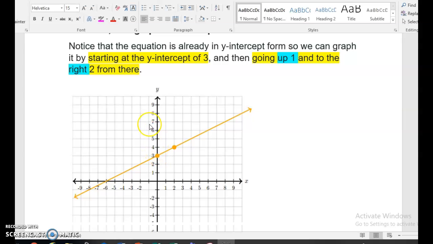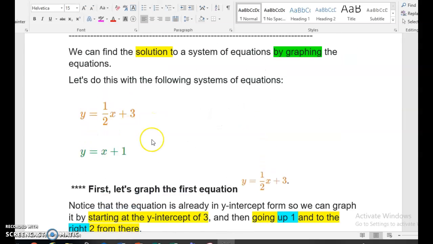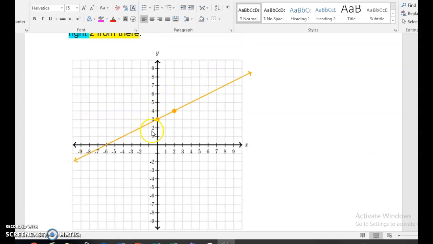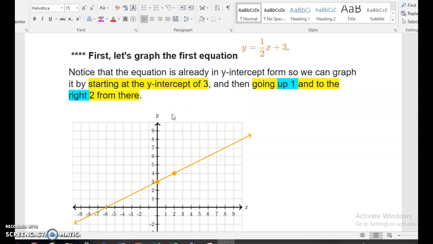And then the slope is 1/2. Since it's 1/2, we'll count up 1, over 2. So this golden line is this equation, y equals 1/2 x plus 3. Ring the bell? Okay, that's a review part from a couple months ago. Hopefully the memory is all coming back.